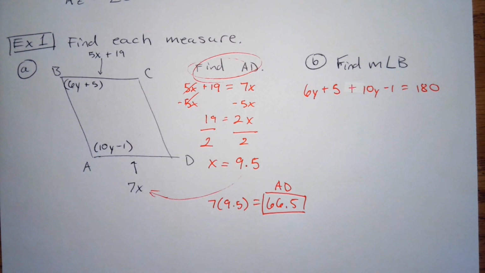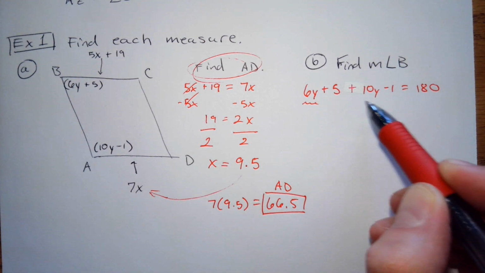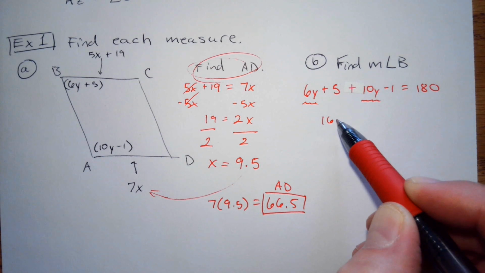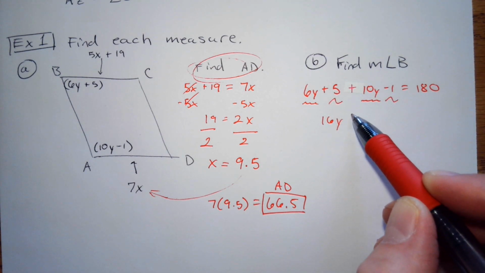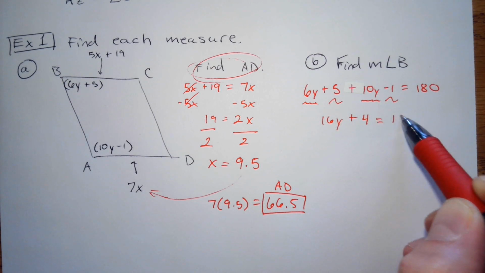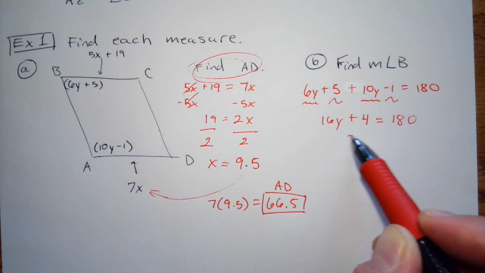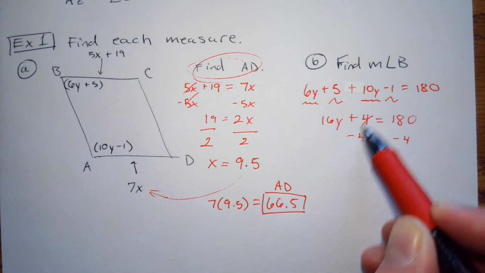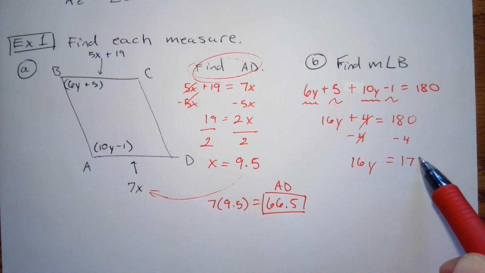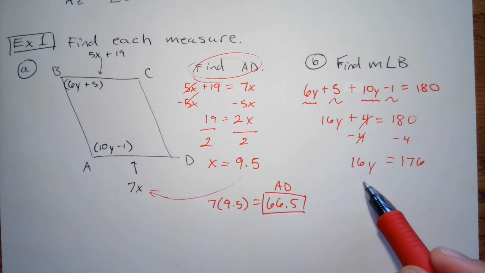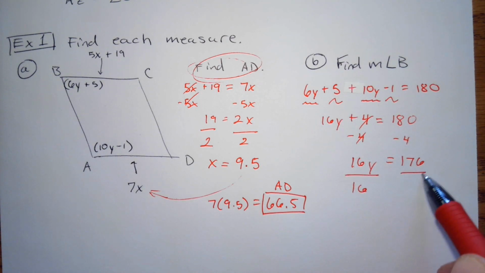And then I combine like terms. The y's are like terms. So 16y plus 4 equals 180. Subtract 4. 16y equals 176. And divide both sides by 16.